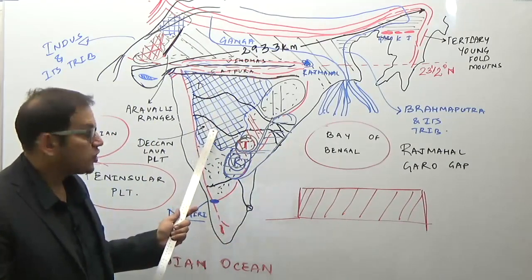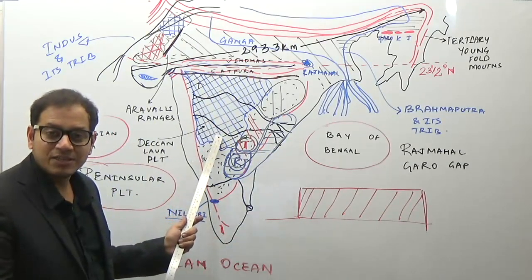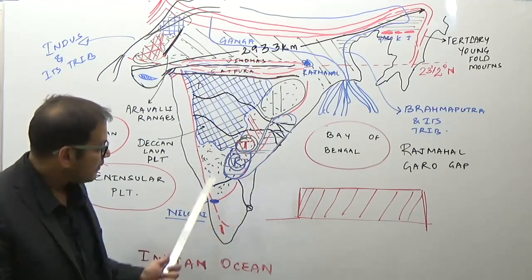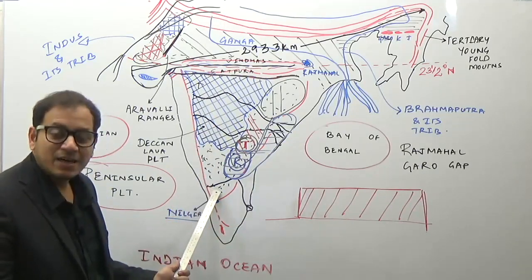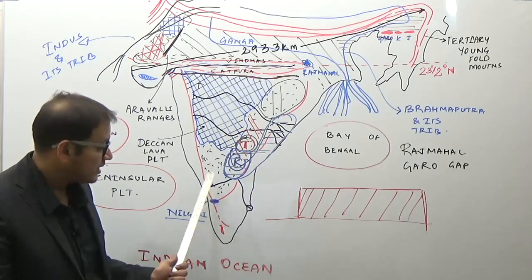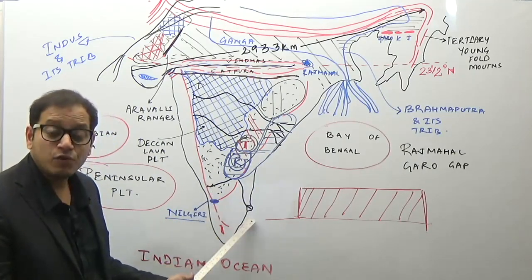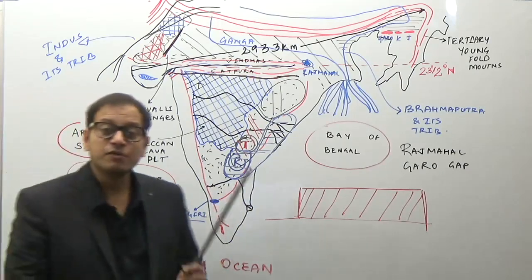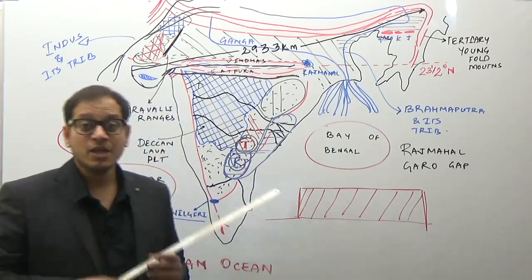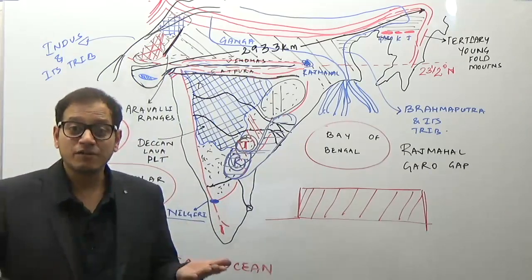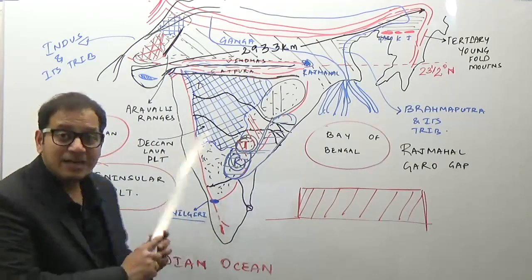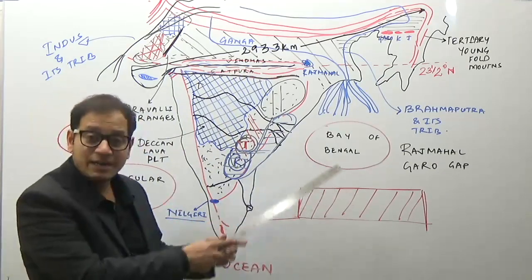Then you have the Krishna river system, again originating in Maharashtra and flowing into the Bay of Bengal. Then lastly the Kaveri river, which originates in the state of Karnataka and is one of the most important rivers of Tamil Nadu, which goes into the Bay of Bengal. So the three bigger rivers of peninsular India, the Godavari, Krishna and the Kaveri, are part of the Bay of Bengal drainage system.